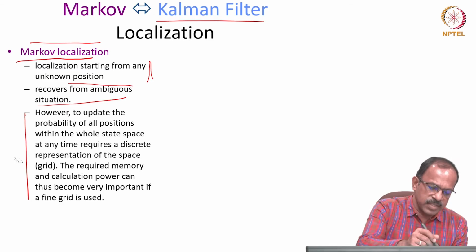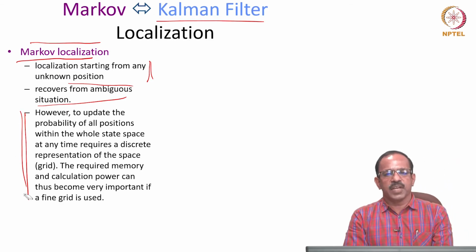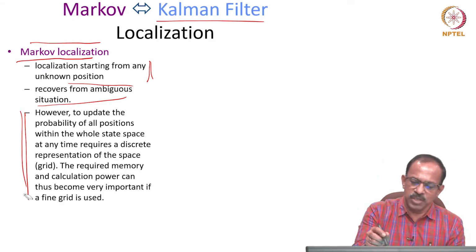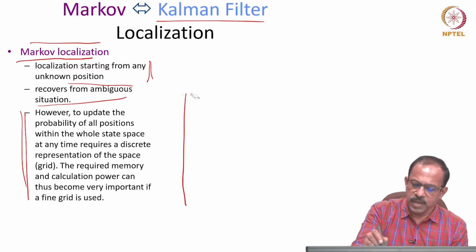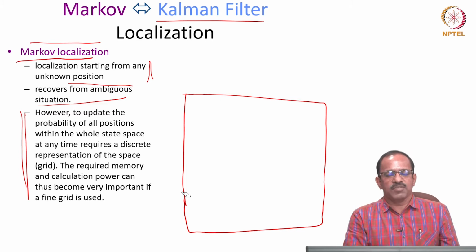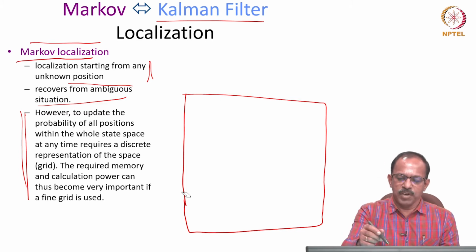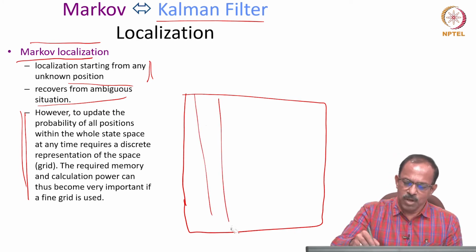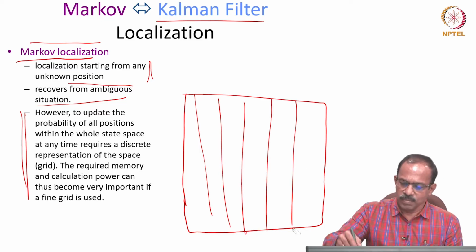But the challenge here is that when we have this kind of situation, suppose we have a room like this, and we want to localize the robot in this room. What we do is divide this into multiple grids.